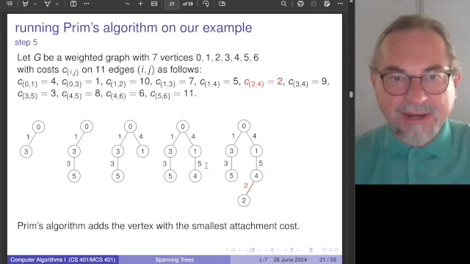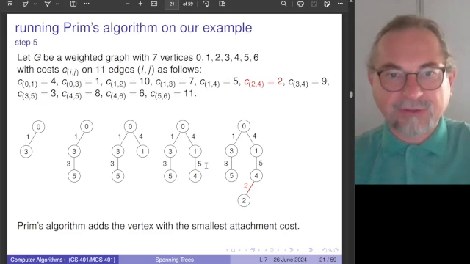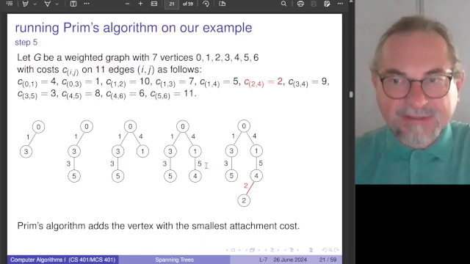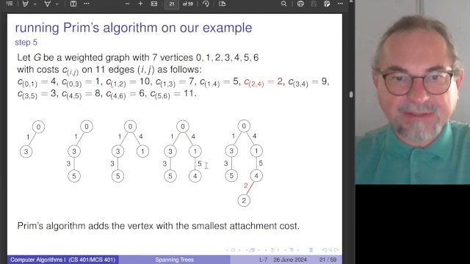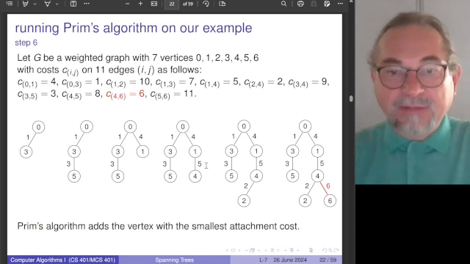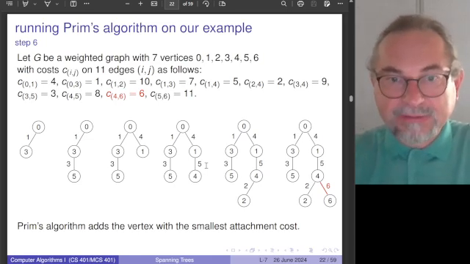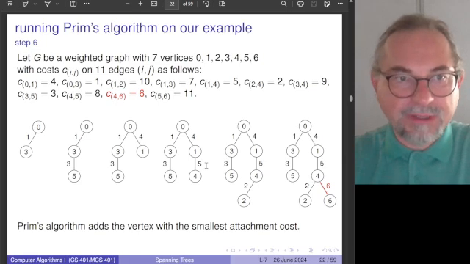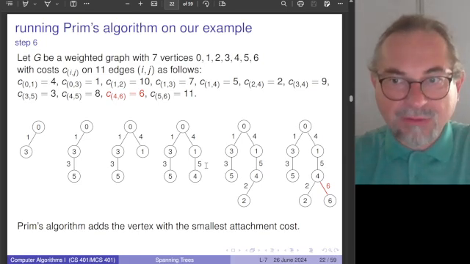So here by actually attaching 4, which is connected with cost 2 to 2, the next step is less expensive as a smaller attachment cost. And then we end up with the tree. So here we see the evolution of Prim's algorithm on our running example.